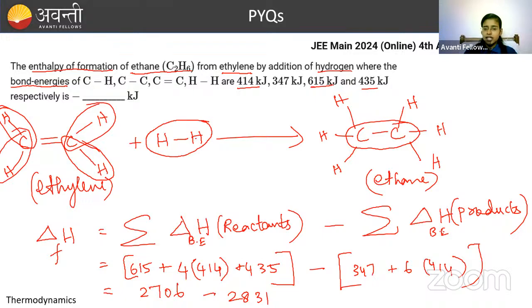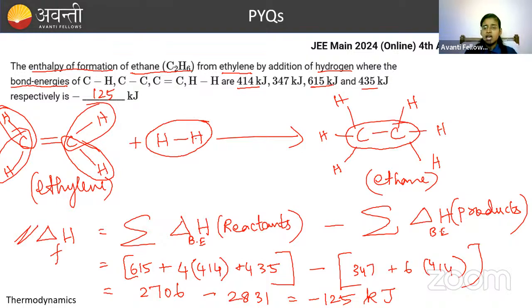The final answer will be minus 125 kilojoule. Clear? So to find out the enthalpy of formation from the bond energy, you need to do reactant minus product.